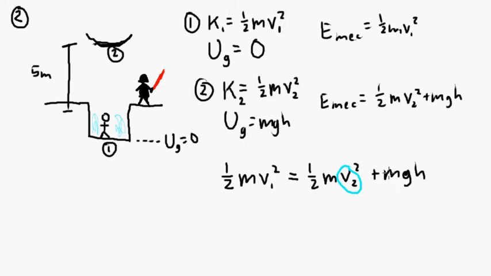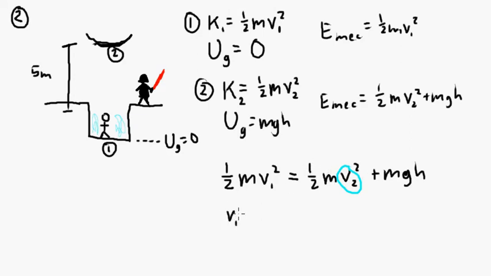We know Luke's mass. Actually, we don't know Luke's mass. Well, you could use it from the previous problem, but it doesn't matter because it's going to cancel out. You know g, you know the height he has to jump, you know his initial speed. So we really want to solve for this v2 here and see if we can get a sensible answer for that. So let's see. If we reorder this a little bit, first of all, we can multiply everything by 2 and divide everything by m.